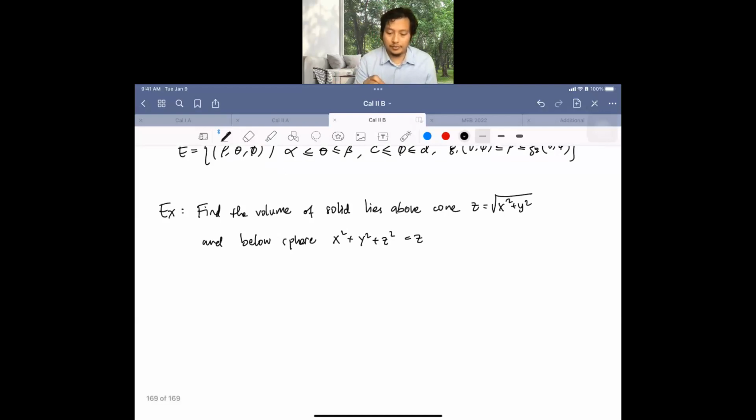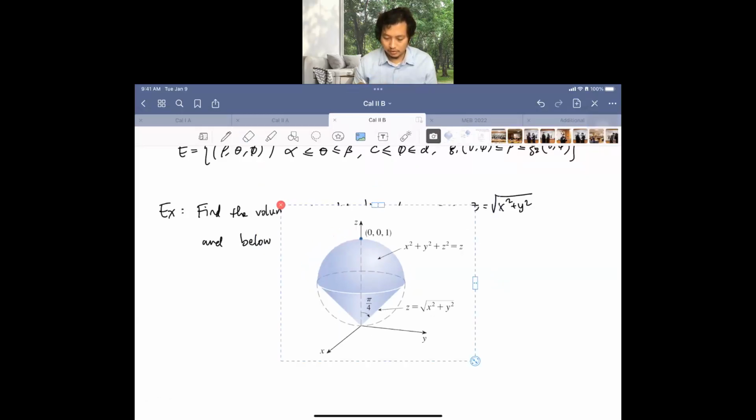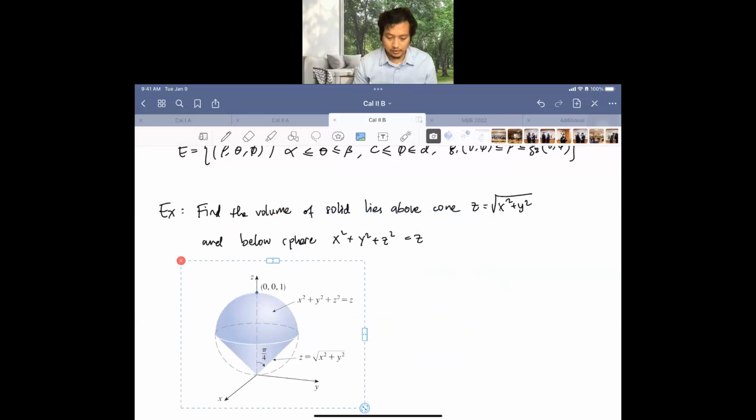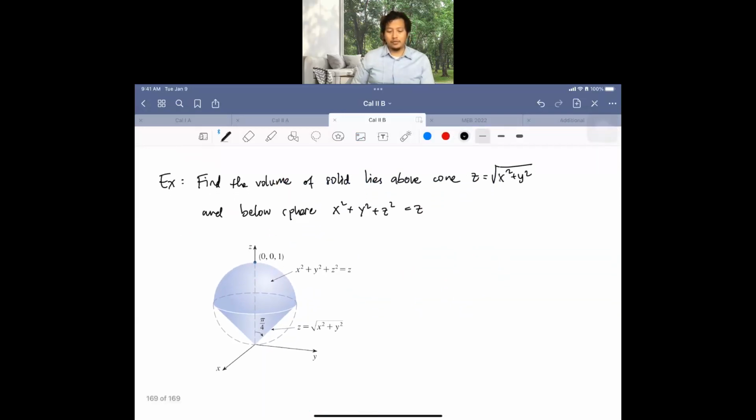And if you would like to see how it looks, this is the sphere and the cone. So we need to find the volume. We have a cone, and we have a half sphere.